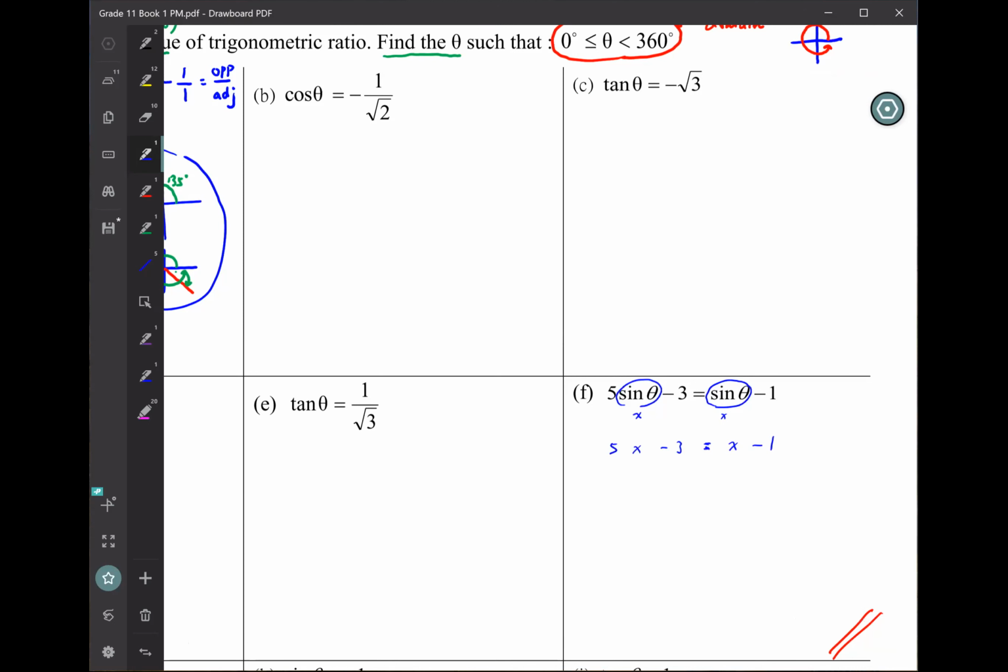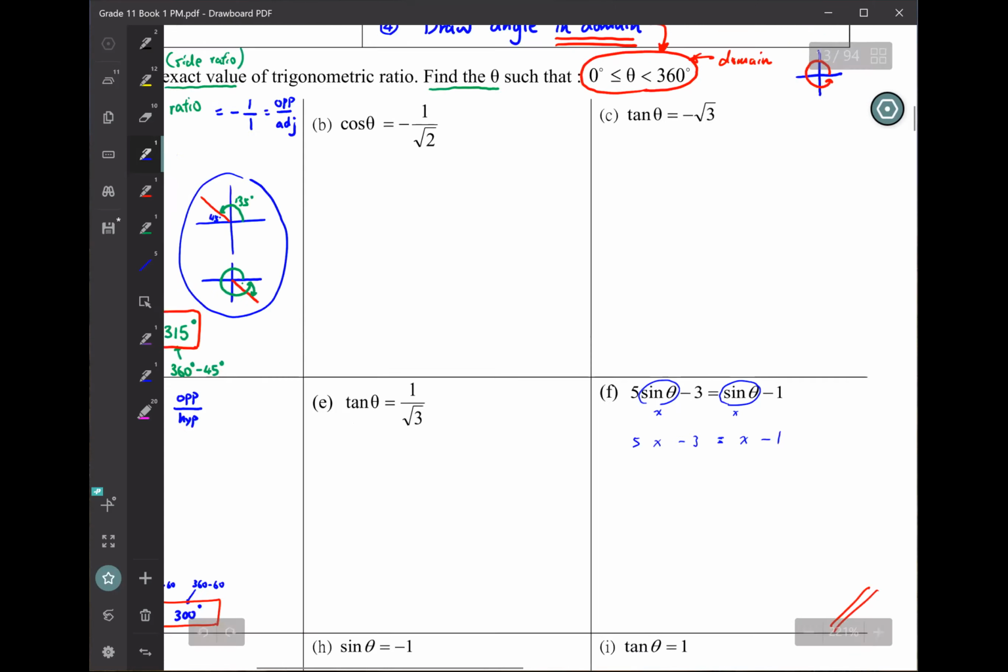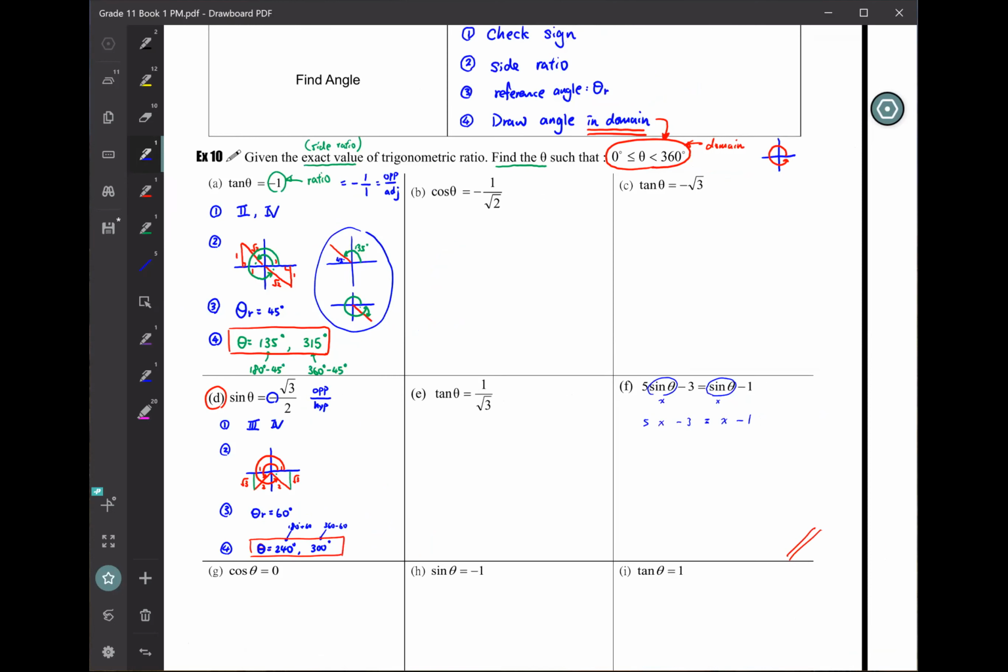If you look at this question like that, can you make it look like question D? If you compare F and D, D has sine theta by itself. So you can make question F look like question D by isolating. Then after that, you will do the same 4 steps. So I'll let you guys try these 4 questions, and then probably take about 5 minutes. After 5 minutes, we'll go over. You can raise your hand if you finished earlier.